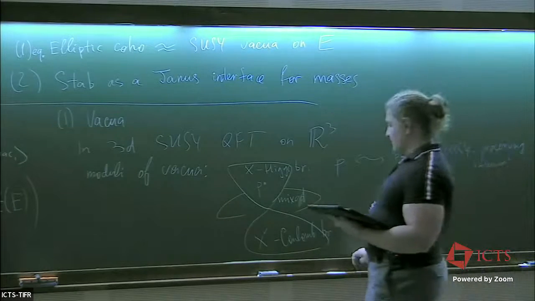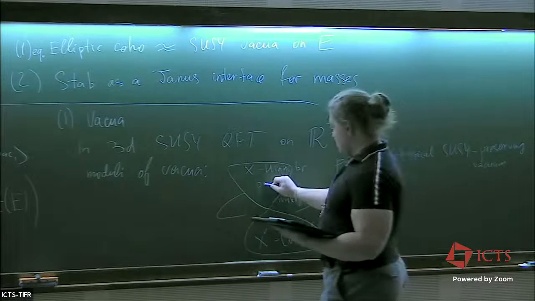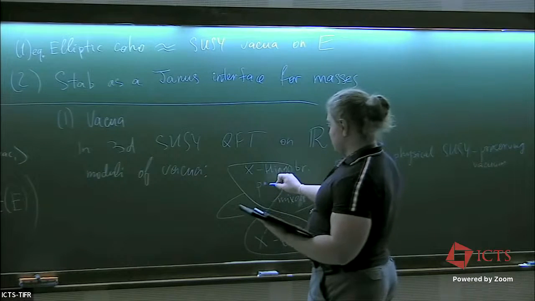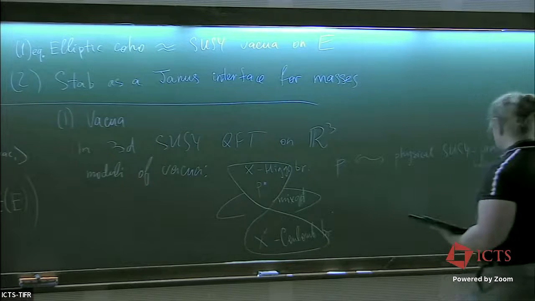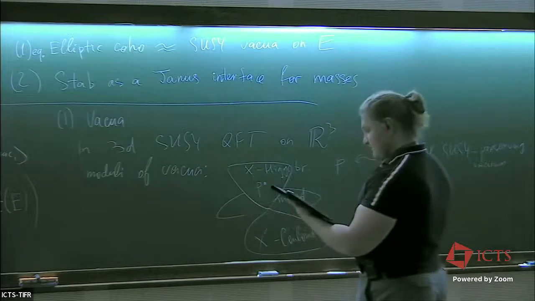And when you are on R3, so when your theory is on non-compact space, you literally sit at the point of the moduli space of vacua, and you can then study fluctuations of your quantum fields around this vacuum.